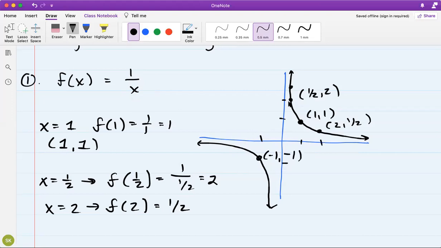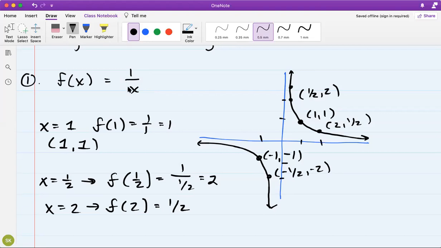And you're going to have something similar happening if you plug in something smaller than -1 that's closer to 0, like -1/2, then you'll get -2. So this point is (-1/2, -2). And if you plug in -1/3, this will become -3, and you can see that you're going to get closer and closer, but in this downward fashion, to the line x equal to 0, which is the y-axis.